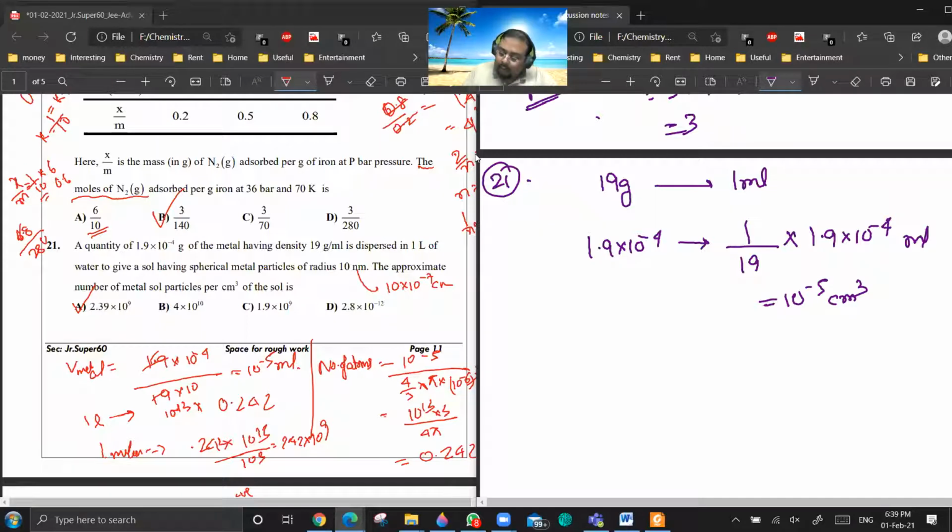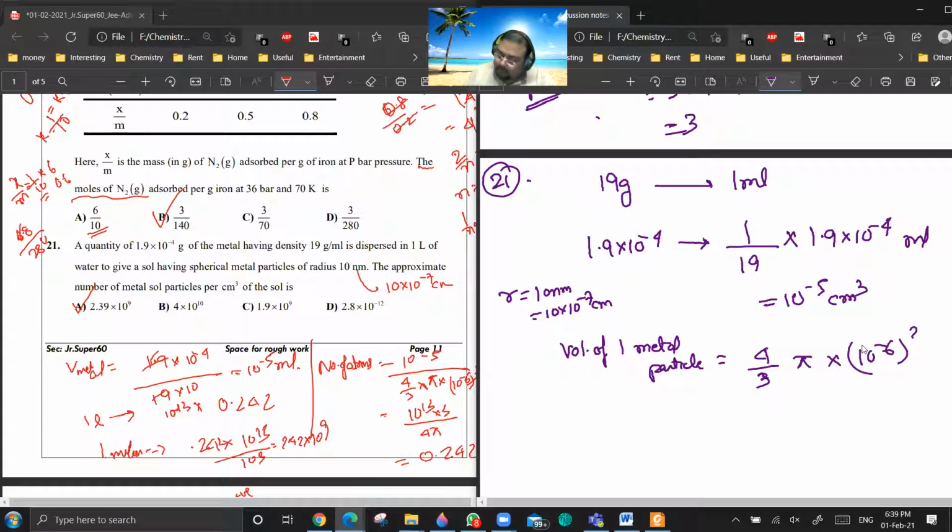And volume of one metal particle is how much? It is 4 by 3 pi r cube. Now, radius is how much? It is 10 nanometers. That is 10 into 10 to the power minus 7 centimeters. Basically, it is 10 to the power minus 6 whole cube.